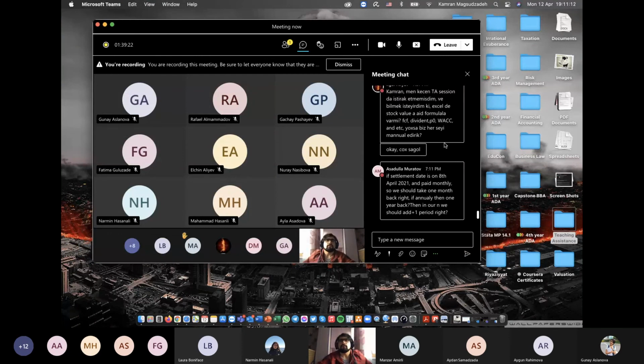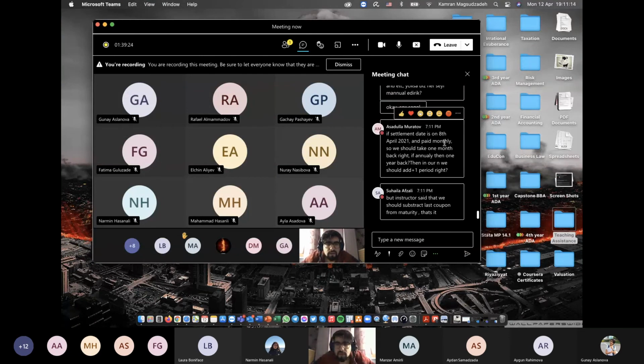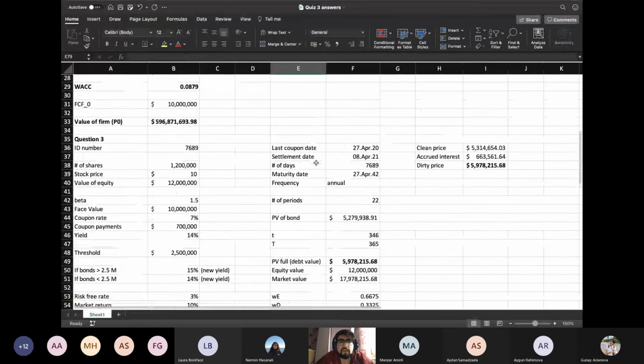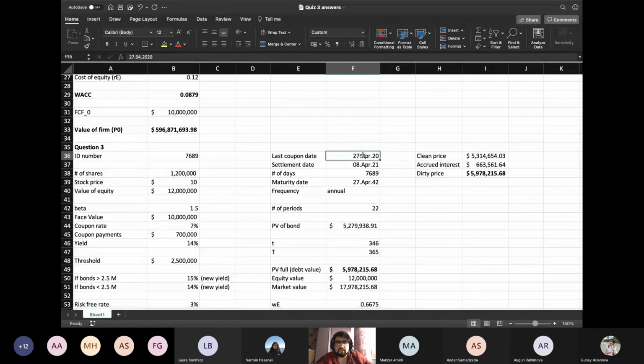Shuhaila, for example, look at here. We subtracted last coupon date from maturity date because they are the same.